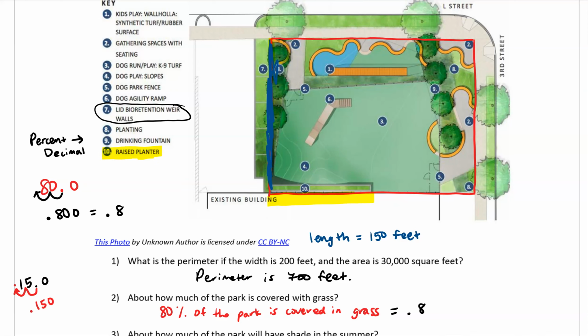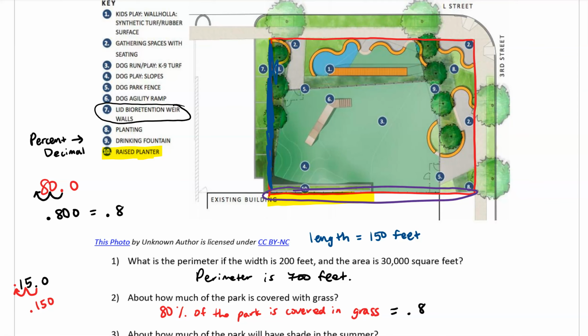And if you look at that as part of the whole length, I'm going to go ahead and estimate that to be about half of the bottom distance here. So what am I talking about? I'm talking about this here. So if you look at that red part on the bottom, the raised planter is about half that length.